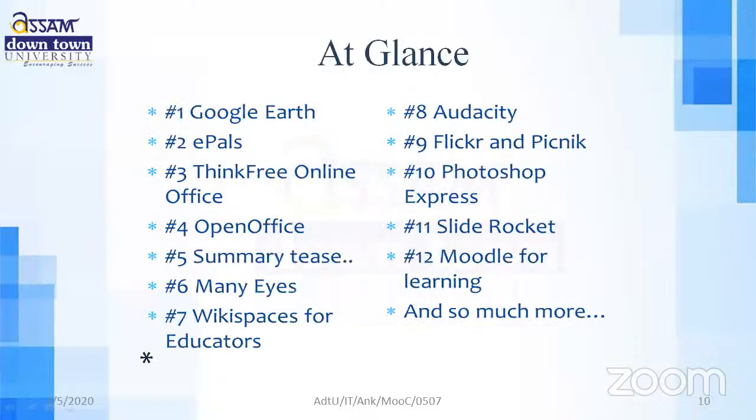So I'm giving a brief idea, at a glance: Google Earth, Audacity, Photoshop Express, SlideRocket, online office, open office, and many more. On your screen you will find these 12 open source software. I'm going to demonstrate each and every software mentioned in this slide.